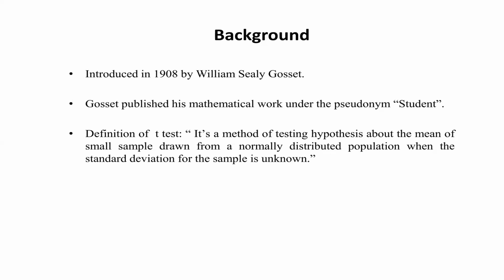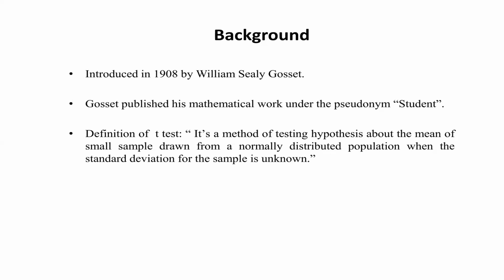So whenever we have a mean from two different groups, you use t-tests to compare them to see if there is a significant difference between the two groups. Usually, a t-test is a method of testing hypotheses. We remember we have the alternative hypothesis and the null hypothesis.